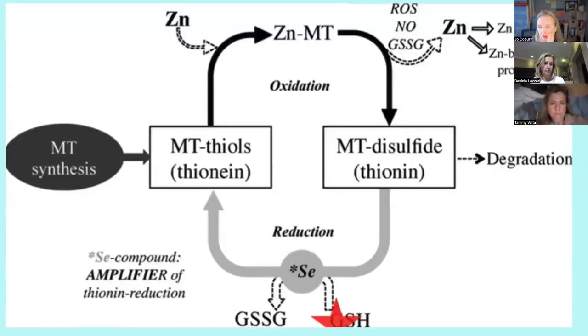And in this metallothionein, when you're making metallothionein, you've got the MT thiols, the thionine, which needs zinc to go into zinc metallothionein. And then without the glutathione, you're losing the zinc. This gets degraded.